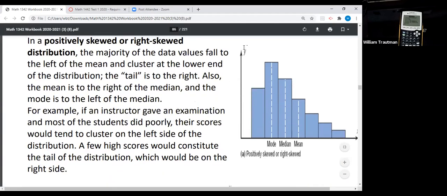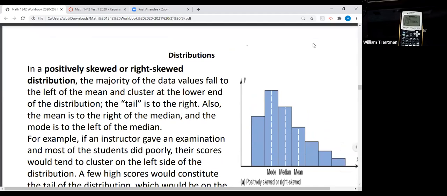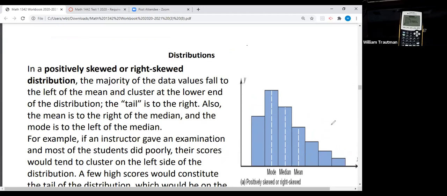Okay, so we talked about skewed right and skewed left. I just want to re-emphasize, sometimes they say this is the right side of the data, and this is the left side of the graph. Skewed means where the data is least, and so this is right skewed.